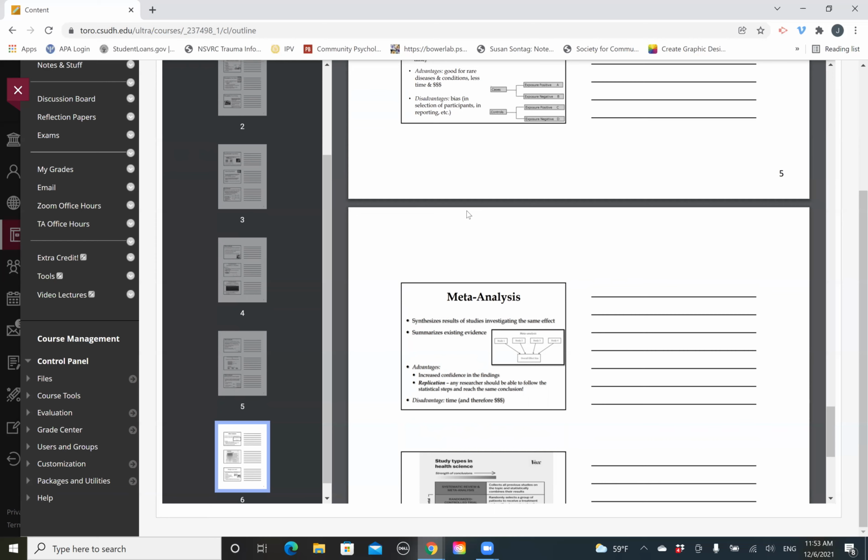So it summarizes the existing evidence. Advantages, increased confidence in the findings, replication. Any researcher should be able to follow the statistical steps and reach the same conclusion. Disadvantage, time and therefore money. It takes a lot of time to be able to say that you have done a meta-analysis of a topic.